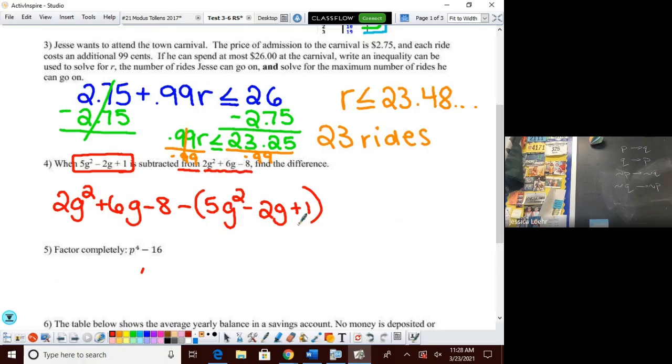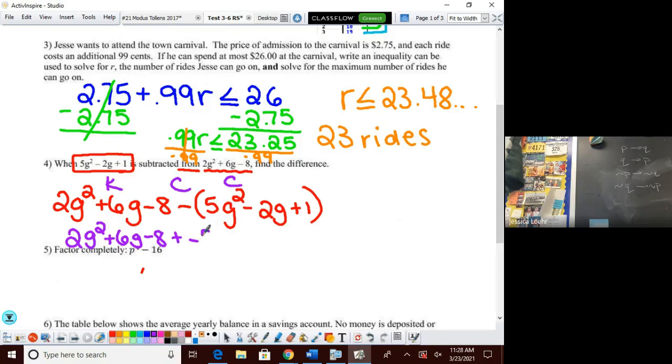I'm subtracting, so I have to use keep, change, change. I'm keeping the first thing, changing subtraction to addition, and changing the sign of everything in the second pair of parentheses.